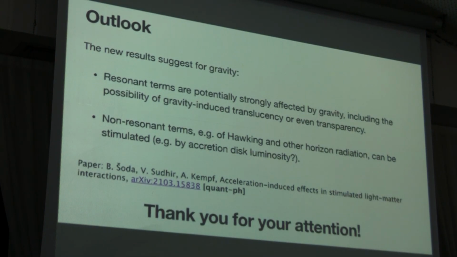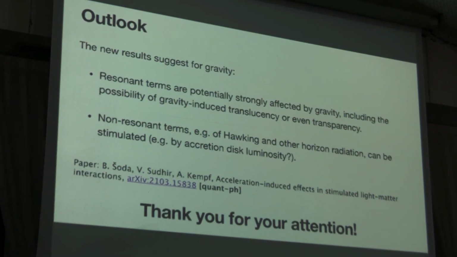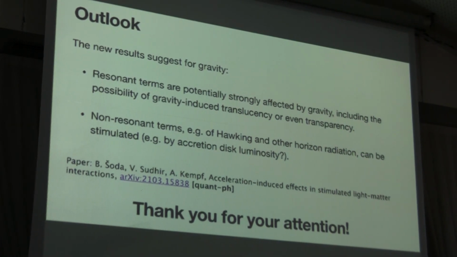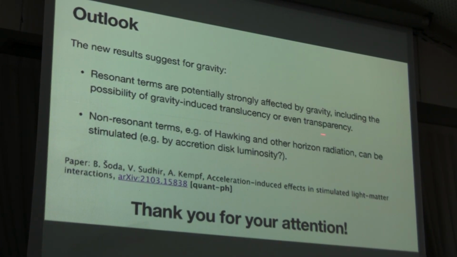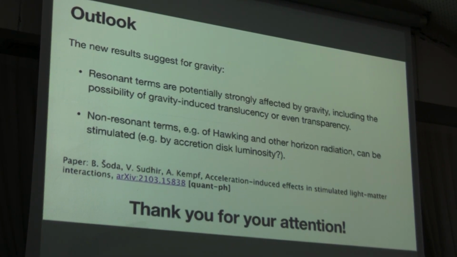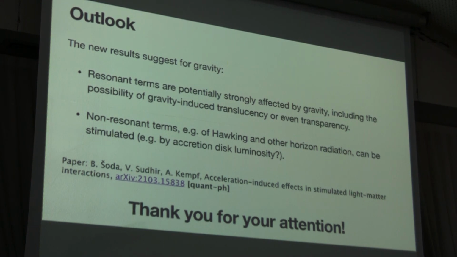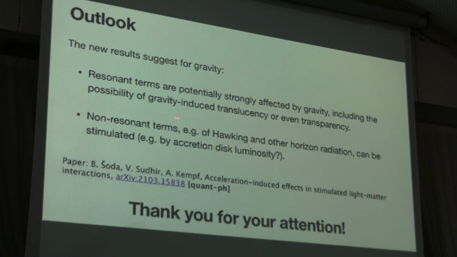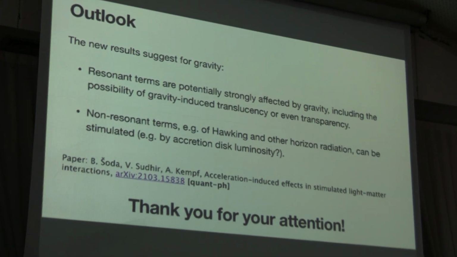So for the outlook, this suggests new directions of research, also for gravity. First of all, I talked about acceleration-induced transparency, and we know the relationship between gravity and acceleration. So this suggests studies into gravity-induced translucency or even full transparency.